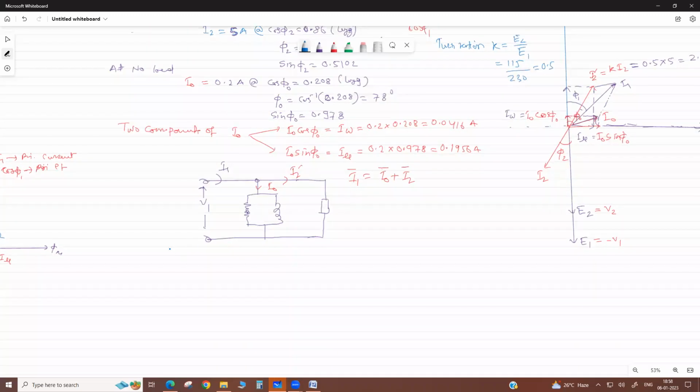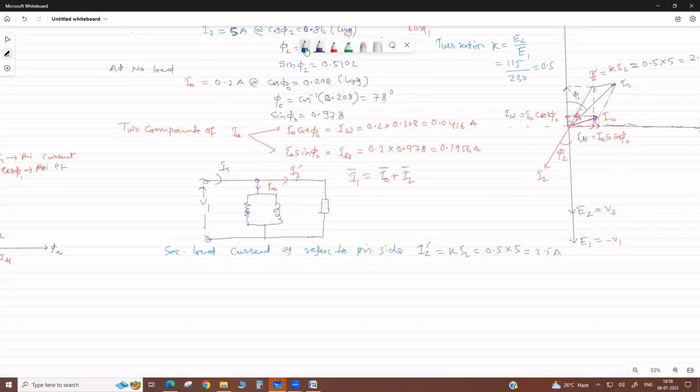We know the secondary load current as referred to the primary side, that is I2 dash, equals K I2, or it is 0.5 into 5, 2.5 ampere.